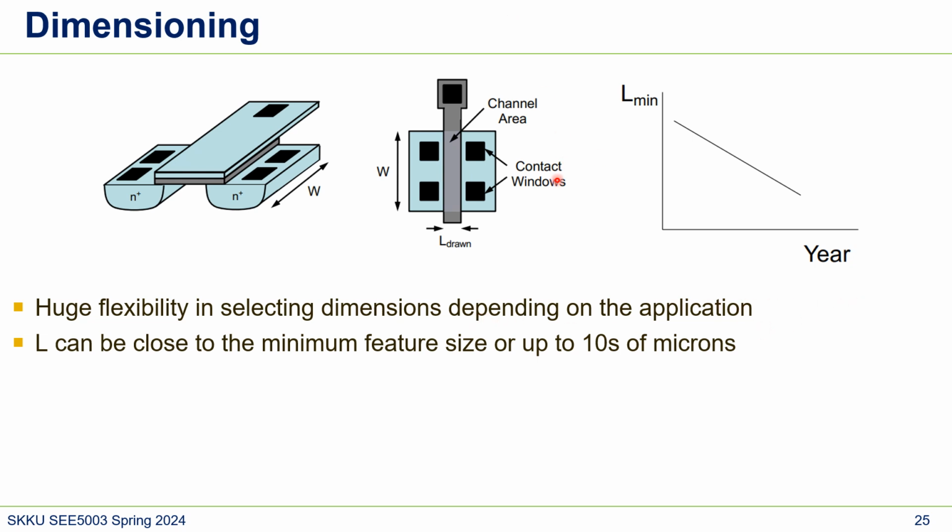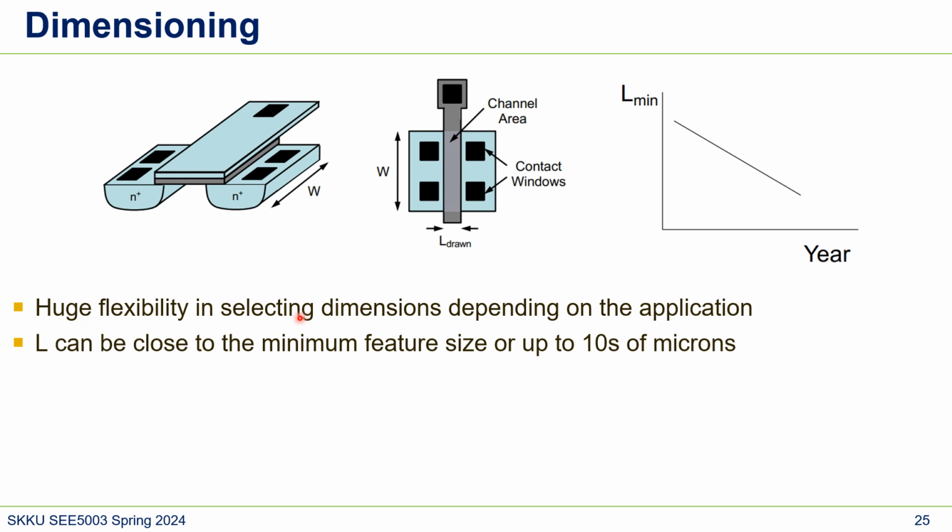What it means is that the range of size, the area that we choose in a single design, varies over a very wide range. I'll say the MOSFET size has a huge dynamic range.